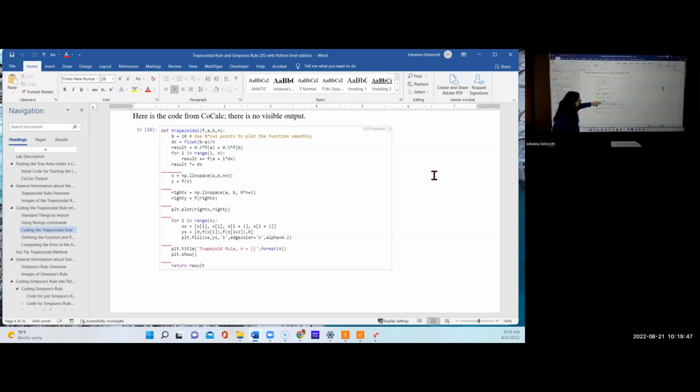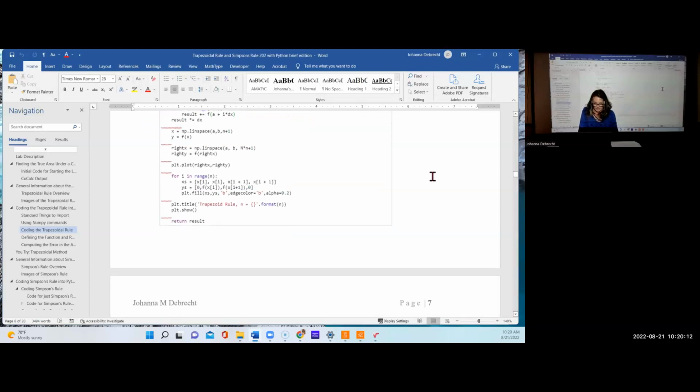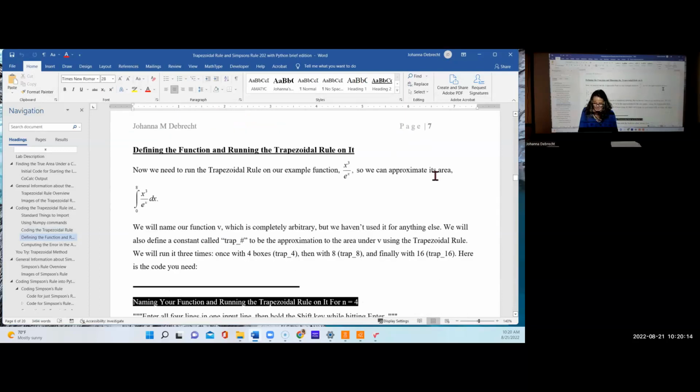So this whole list of commands here is a part of the routine called trapezoidal. So this is running the trapezoidal rule on a function called f, being integrated from A to B, and we get to choose how many different subintervals or how many trapezoids we want. Now there's no visible output to this because we haven't done anything. We're just defining this routine to run, but it hasn't actually run yet.